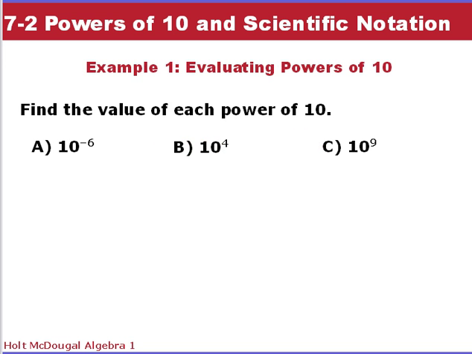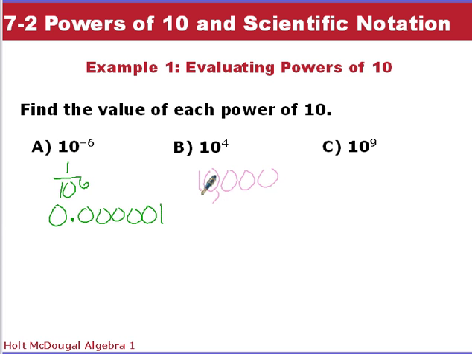So our first example, we want to find the value of each power of 10. We have a negative exponent here, so it becomes 1 over 10 to the 6th, or 0.000001. So we start here, 1, 2, 3, 4, 5, 6. The decimal goes there. 10 to the fourth would be a 1 and then 4 zeros.